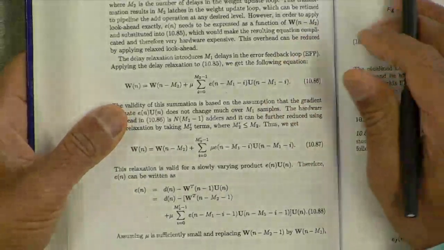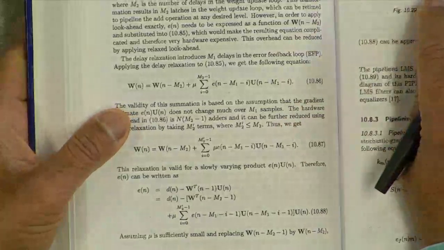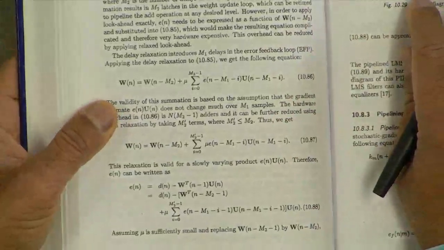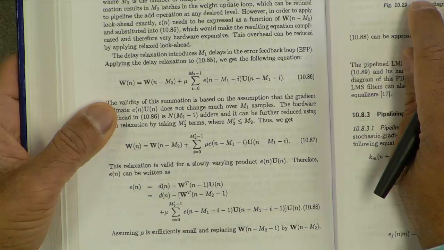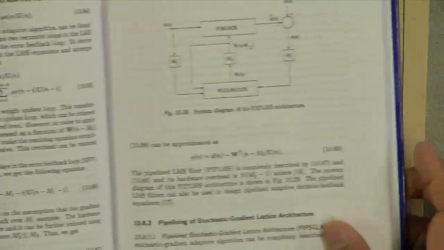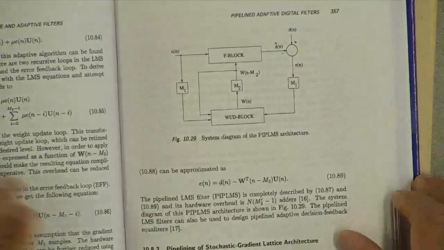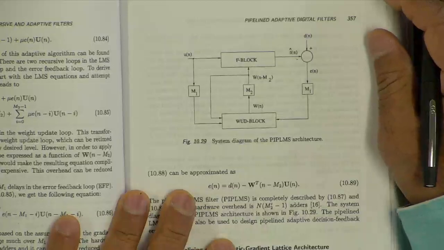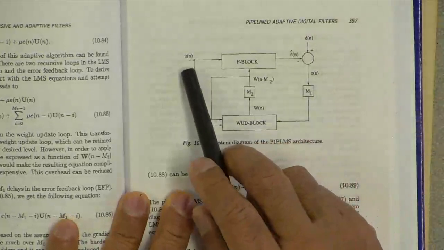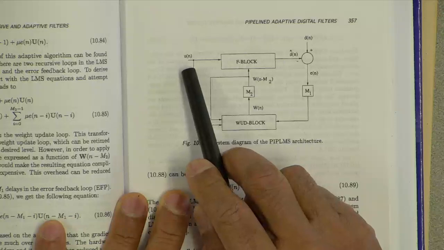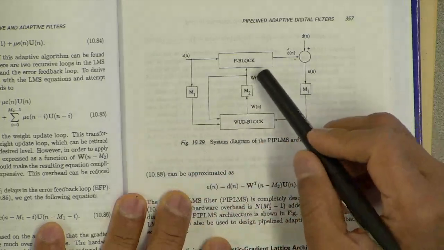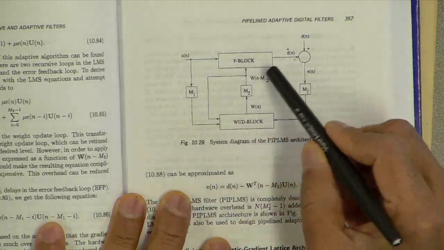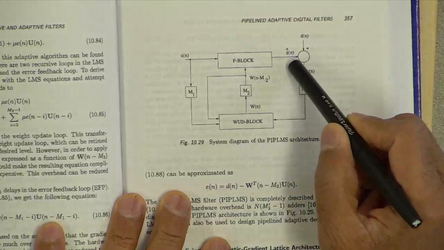And again, if you are doing a PhD and writing a PhD thesis, you come up with a few fundamental ideas and then apply that to various filters. That's what Naresh was doing as part of his PhD thesis. The basic structure here is the so-called pipe LMS or pipelined LMS architecture. You start with the input U, the received signal from some kind of channel, and the filter block computes an estimate of the desired signal D hat.